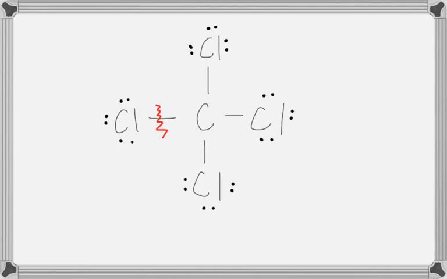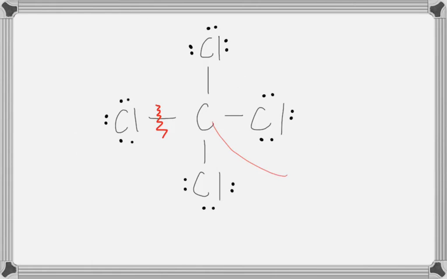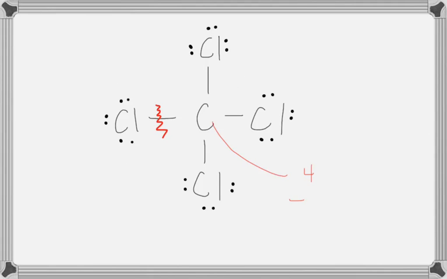To start off, I'm going to calculate the formal charge of this carbon. The formula says I take the valence electrons. Well, how many valence electrons should carbon have? 4. Get that from the periodic table. Minus. The formula says I subtract out the electrons in the structure, but I just told y'all that when you look at the bonds, you've got to divide them between the 2 atoms in the bond.